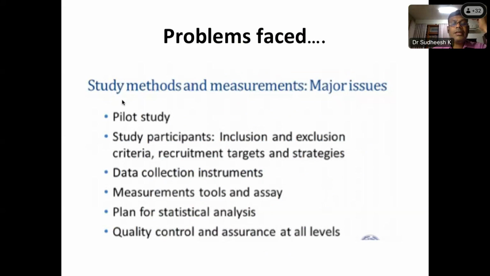Then how do you standardize the data collection instruments, what measurement tools you have to use and how they are to be used, how do you plan for statistical analysis, and how do you ensure that good quality data is collected, so that you are always assured of quality data at all levels.